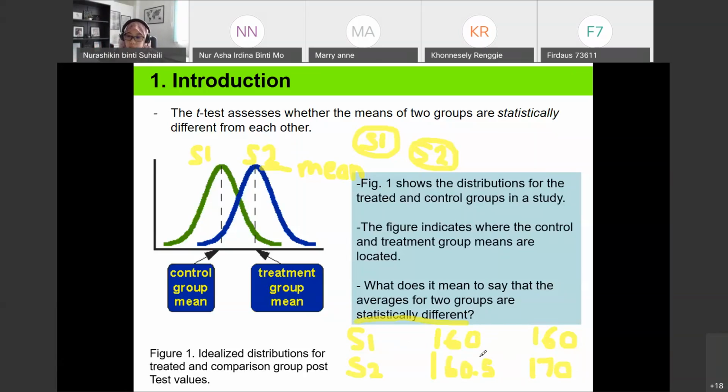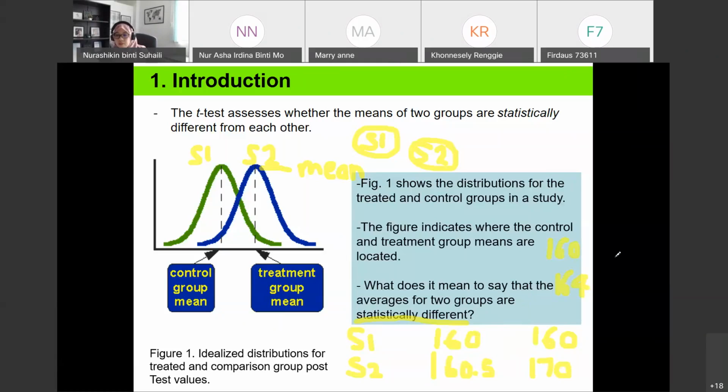Those are the things we want to check in statistics. Let's say we have another situation, a little bit higher than 160.5. Let's say 164.